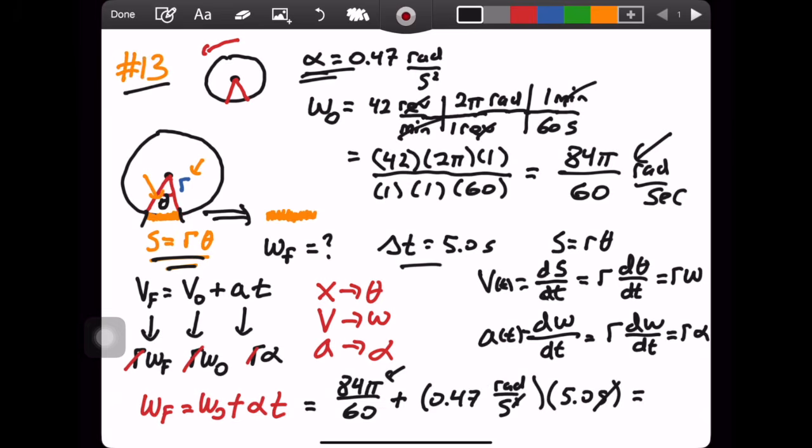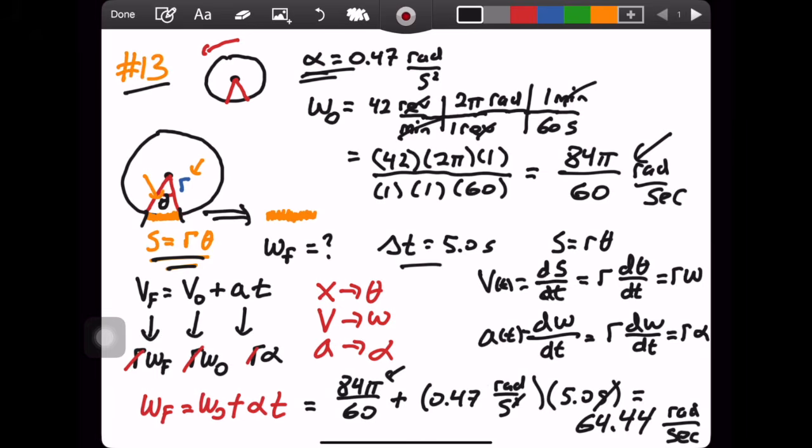As I mentioned, on exams I ask to take answers out to 2 decimal places, so this would be 64.44 radians per second. So that's going to be part A of the problem.